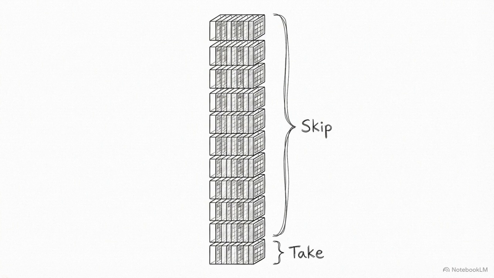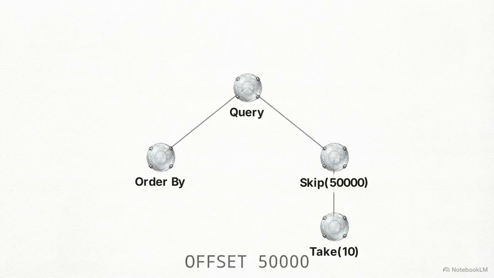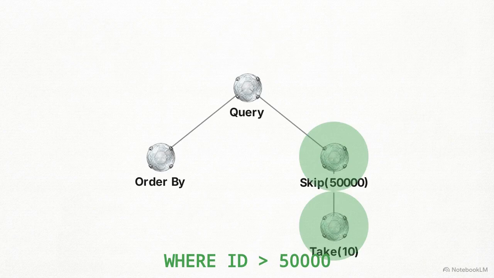We can see this engine at work on the most common database bottleneck, offset pagination using Skip and Take. Traditional Skip commands force the database to count and scan through every single bypassed row, degrading performance as tables grow to millions of records. When the compiler detects a Skip of 50,000, the resulting SQL morphs into a highly optimized keyset pagination query, seeking directly to the relevant ID.